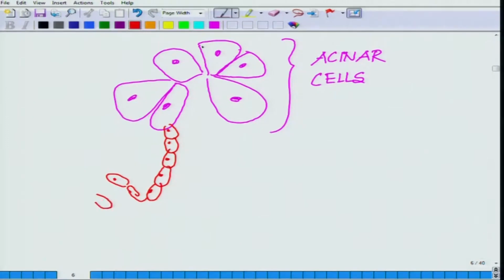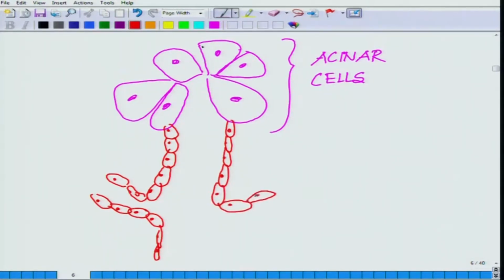Okay. So, this is something like this. These are called the connecting segments. What I am drawing now is an individual lining, the individual cells which form the lining of this. Now, this part I will put in blue, just to give you an idea.